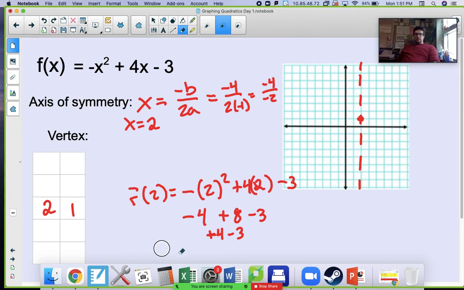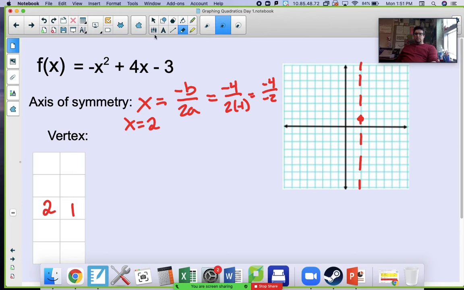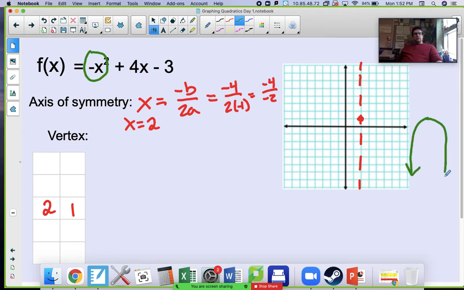Now I'm going to erase this so I have some space to work. Because our A value is -1, I know that this parabola should be opening down. Numbers I can pick: 0 and 1.